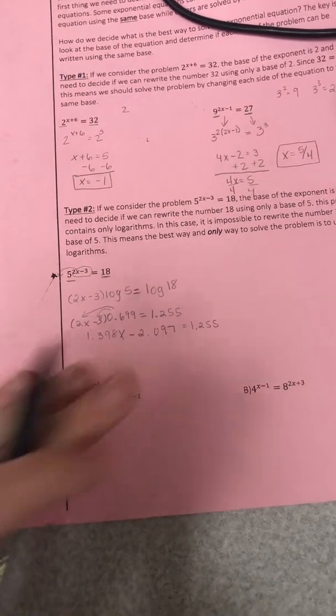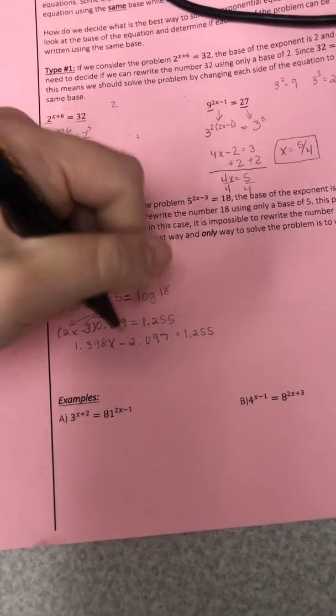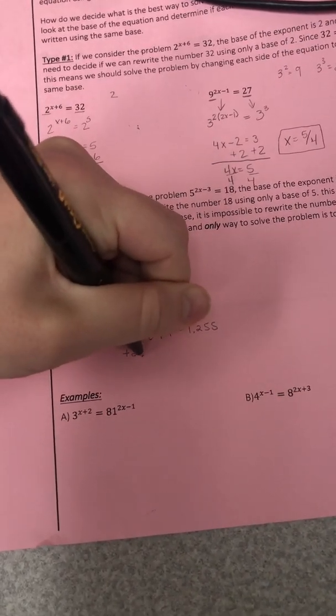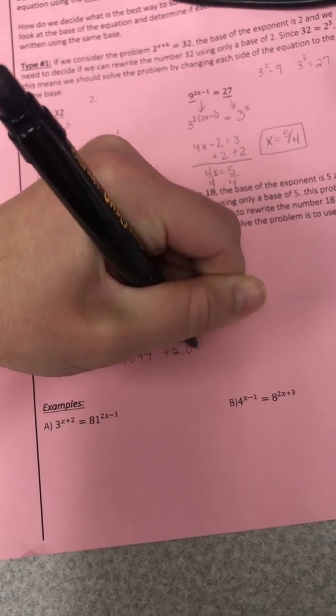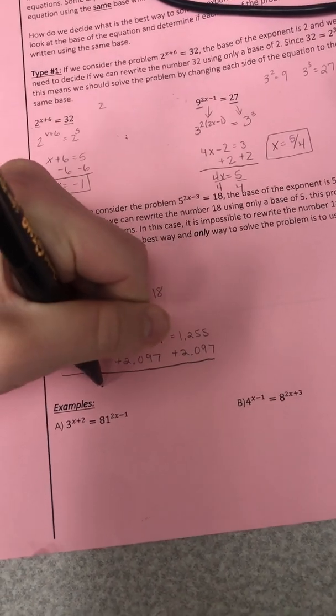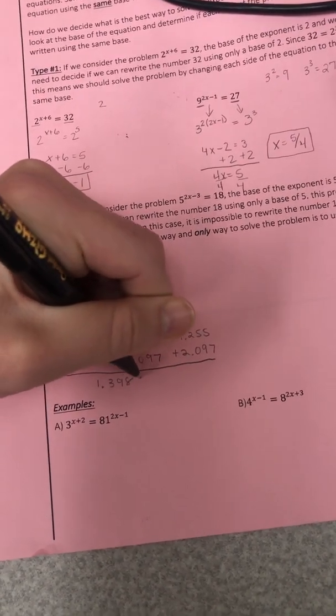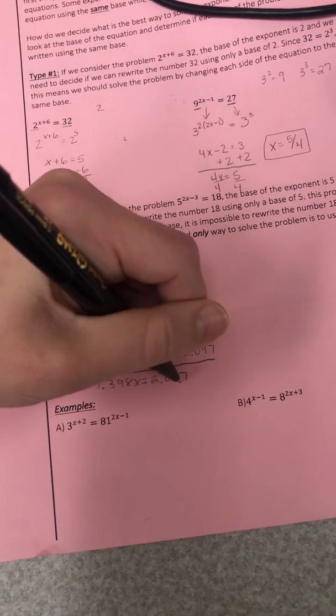Obviously, we're working with some pretty wild looking decimals, but that's okay. That's going to happen when you're doing logs. I will add the 2.097, and you'll still solve the same way, even if these were just whole numbers. 1.398x is equal to 2.097.